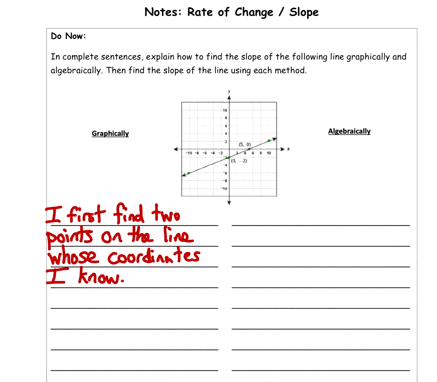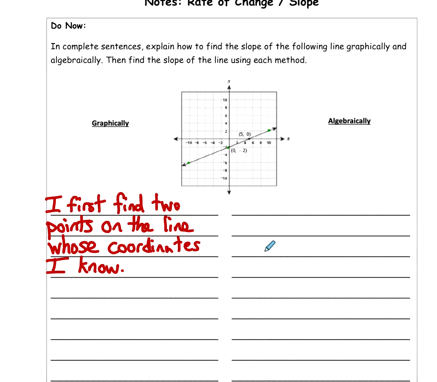So our next step, after we find 2 points on a line, is the 2 points we're going to use are 0, -2, and 5, 0. We're going to want to find how much we need to move to get from one point to the next. And I always like going from left to right.